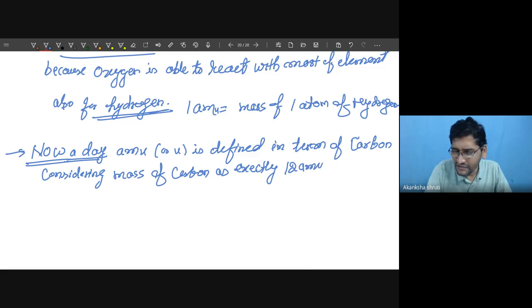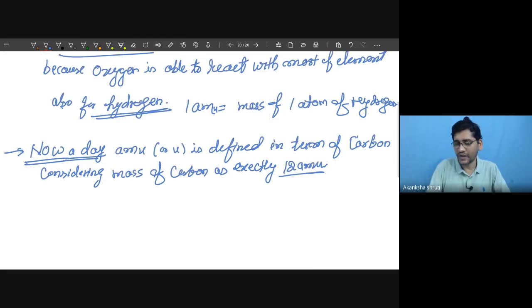So the mass of carbon is exactly 12 AMU.